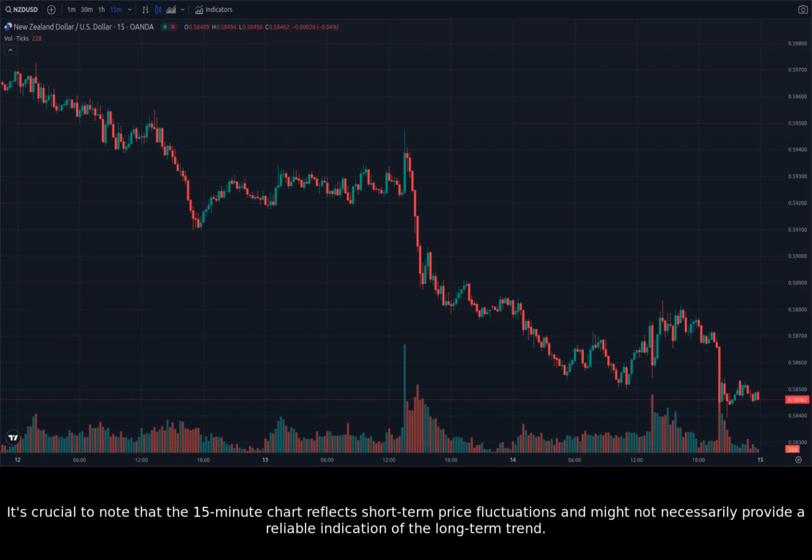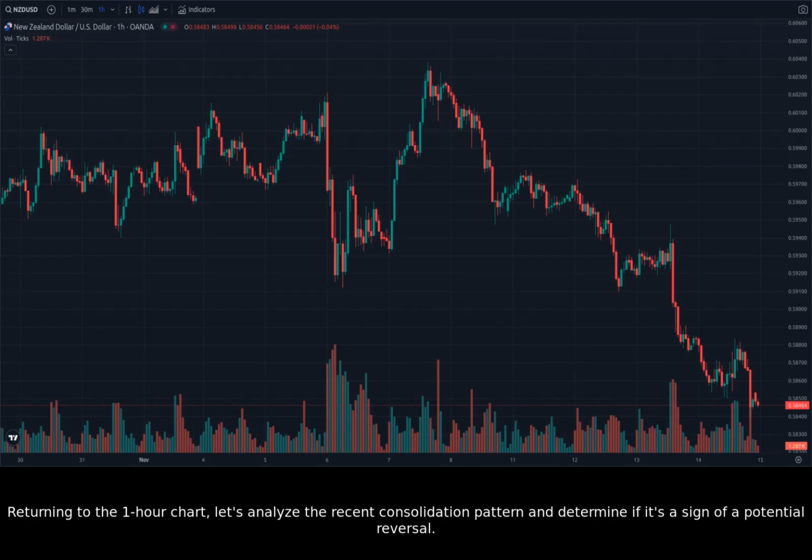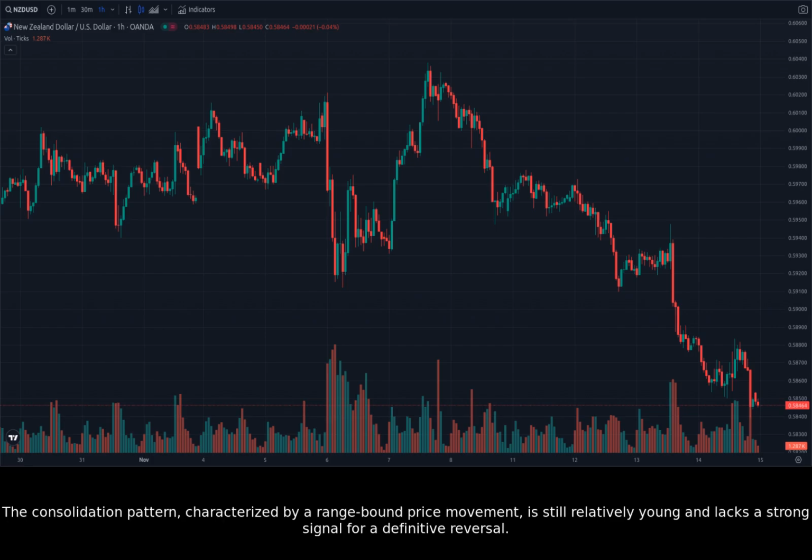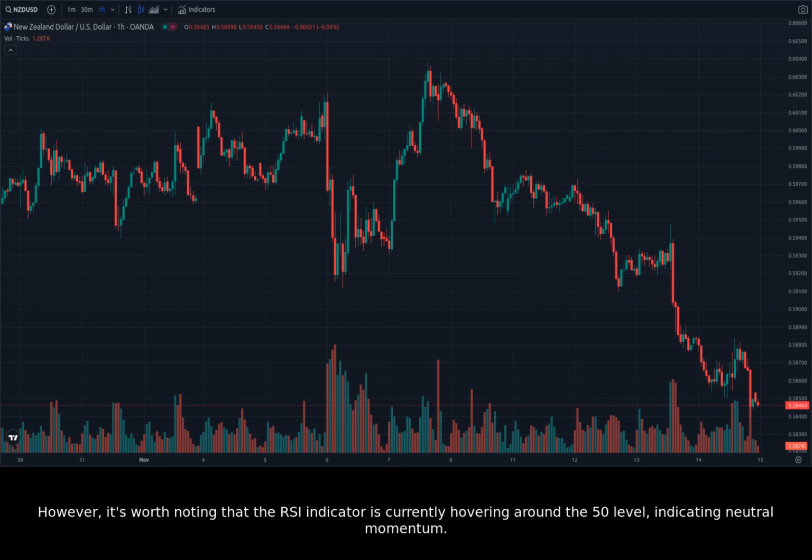of the long-term trend. Returning to the 1-hour chart, let's analyze the recent consolidation pattern and determine if it's a sign of a potential reversal. The consolidation pattern, characterized by a range-bound price movement, is still relatively young and lacks a strong signal for a definitive reversal. However, it's worth noting that the RSI indicator is currently hovering around the 50 level, indicating neutral momentum.